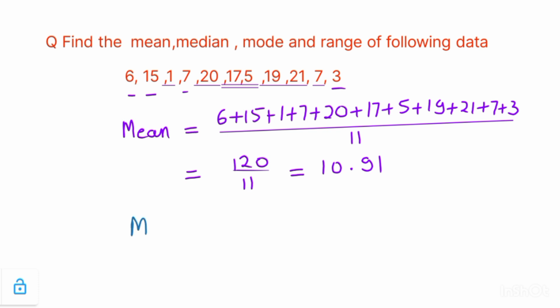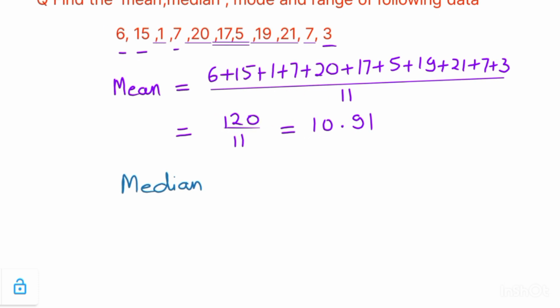Now we have to find out the median. The median is the middle number of the data set if the count is odd, and if it's even, then it is the mean of the two middle numbers. We have calculated that there are 11 numbers in the data set, so we can easily find the middle term. For that we will first write the data set in ascending order.